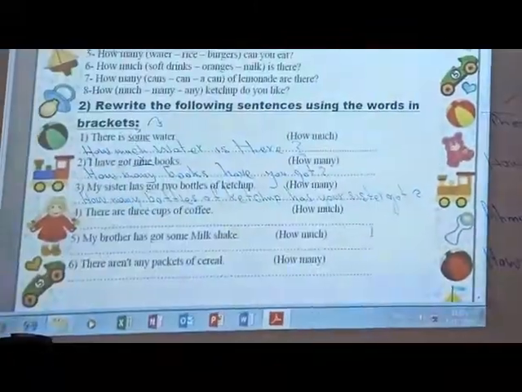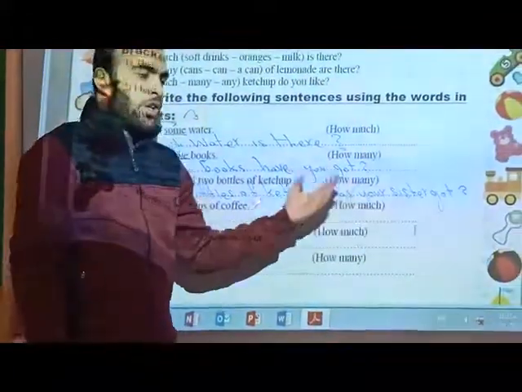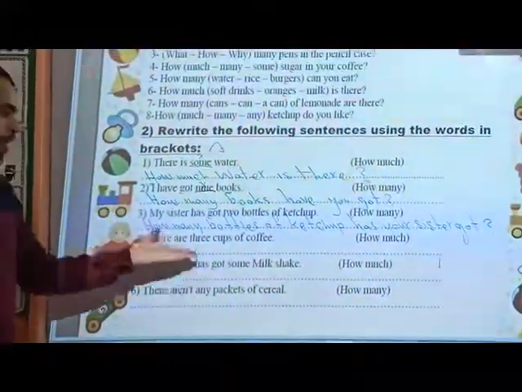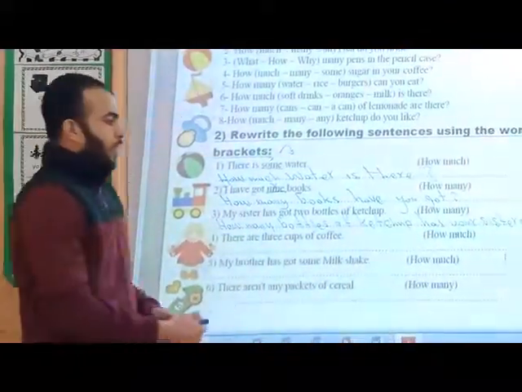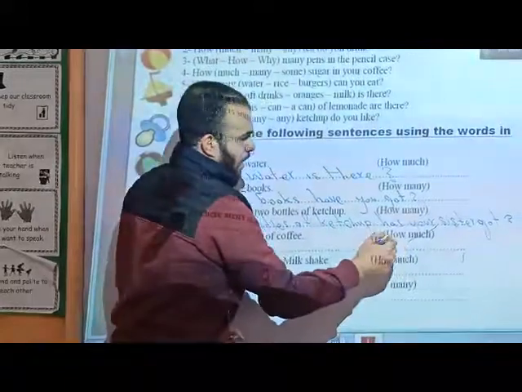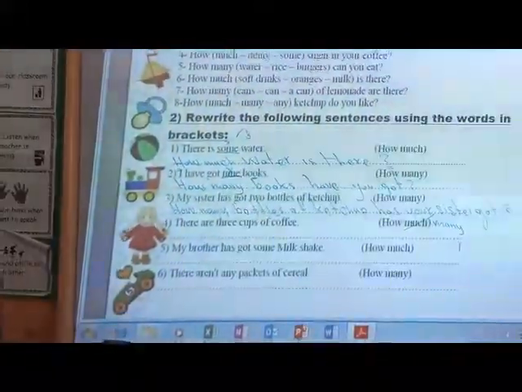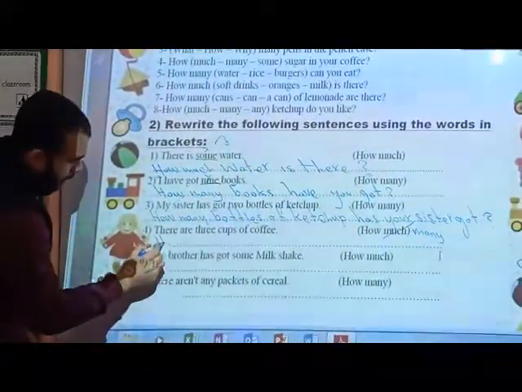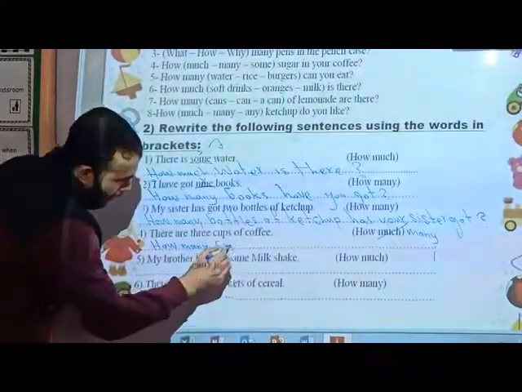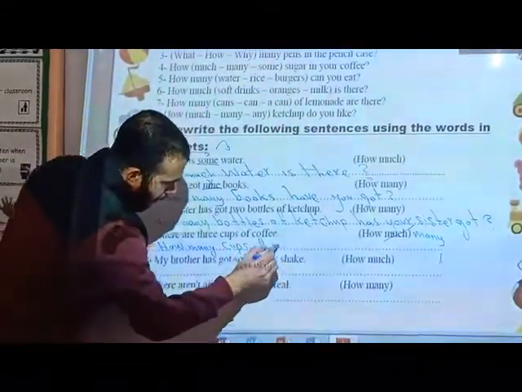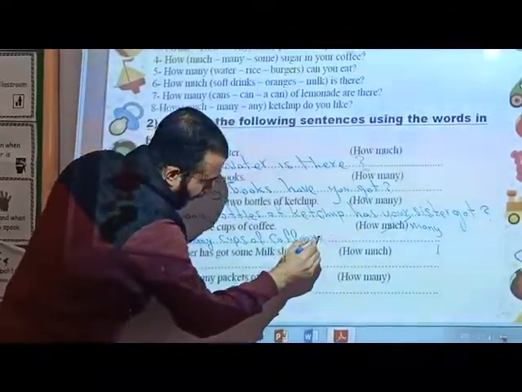So I put is here. There are 3 cups of coffee. Use how much. You are going to say how much coffee is there. But if you want to change it to how many, to use how many instead of how much, you are going to say how many cups of coffee are there.